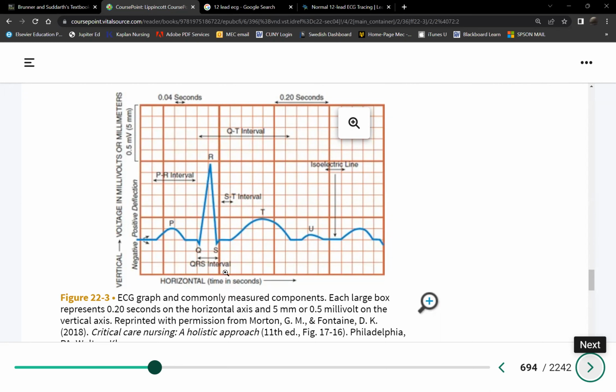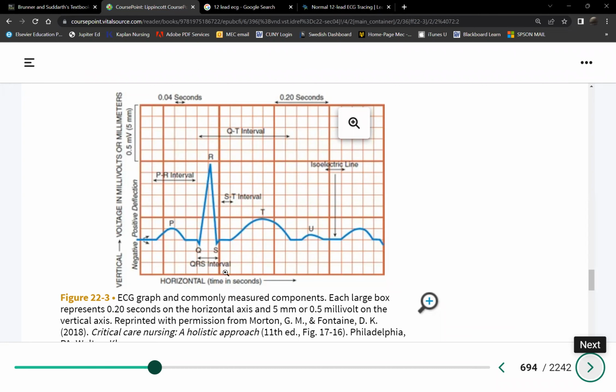How many small boxes are there in 1 minute? How many boxes in 1 minute, you said? Small boxes. 300? It's not 300? Each small box is 0.04 seconds.